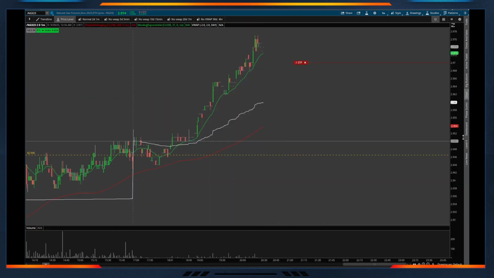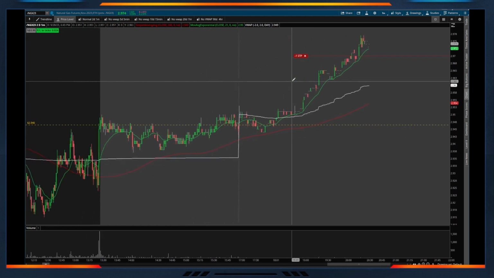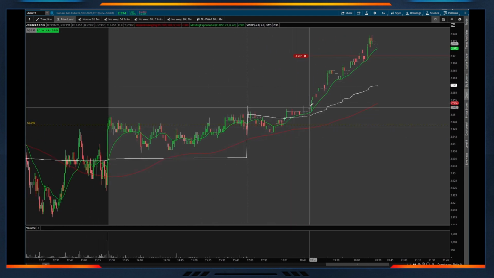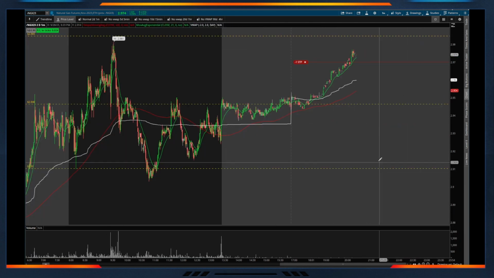Now we can see that the trade has moved pretty extended, right? As this uptrend has begun to work, we're pretty extended off of all of my indicators. We're super far off of the VWAP and the SMA, as well as the EMA. And in this case, I wanted to show how I manage a trade like this.